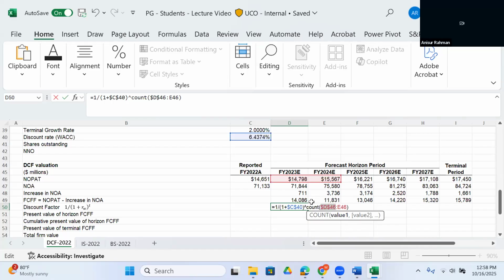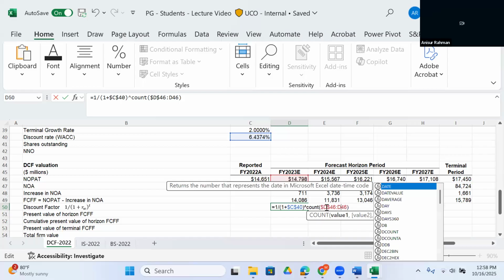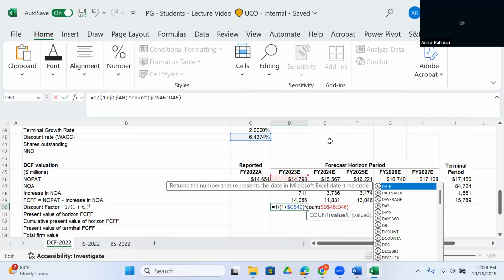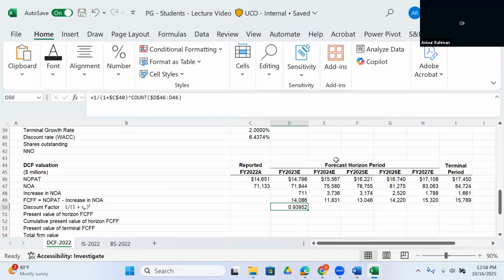And then because for this column, I need E to D. So this will remain fixed. Only this will move when I pull across, right? And I'm using the same cell because I want the count to be 1 for this year. But when I move across, this will remain the same. This will change to E46. So then I will get two cells, right? Okay, hit enter. So you're good, pull across.